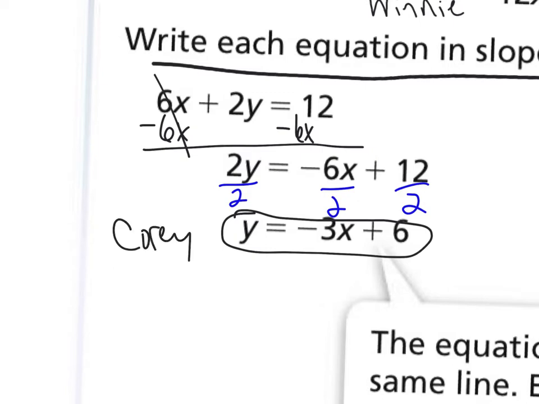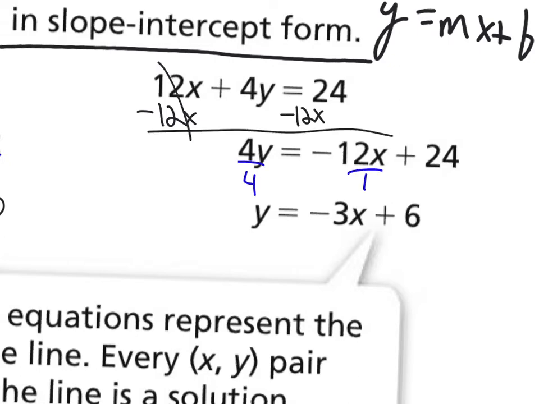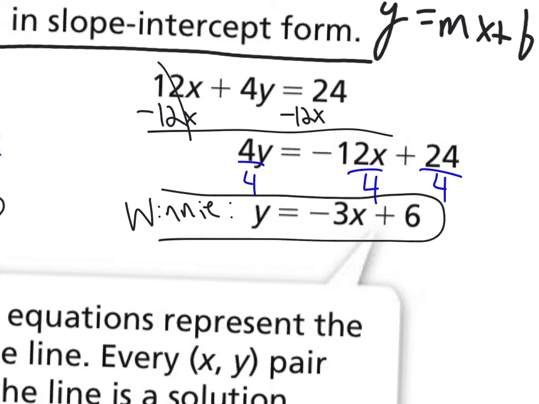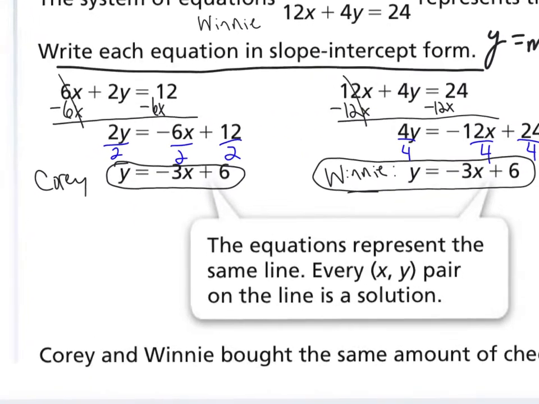And then for Winnie, we're going to do the same thing. So we're going to try to get y by itself. So if we subtract 12x first, and then we divide everything by 4, we get y equals negative 3x plus 6. That sounds familiar. That was the equation we had for Corey.